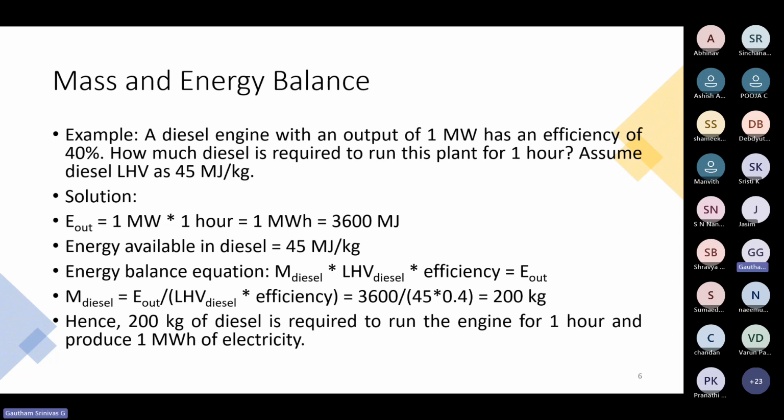If you multiply it by the efficiency, that will give you the output energy that you get from the system, in whatever form. In this case, it is electricity. So you can calculate the mass of diesel by taking this to the right-hand side: E out divided by LHV of diesel times efficiency. So you get 200 kg.